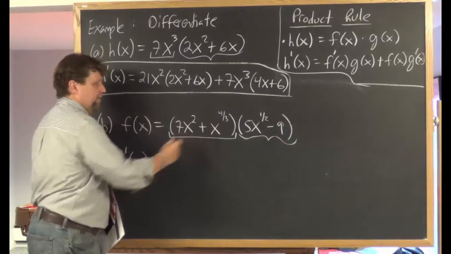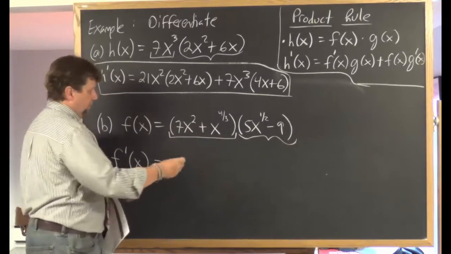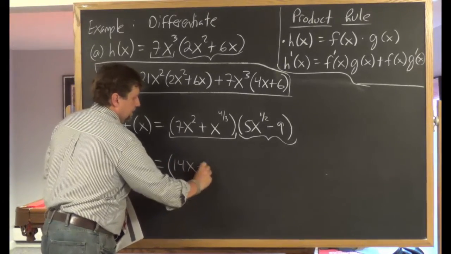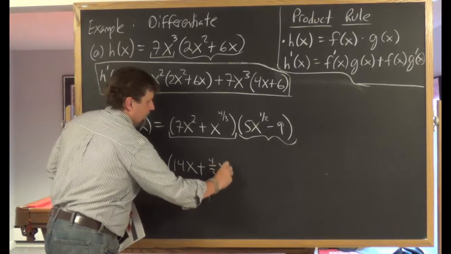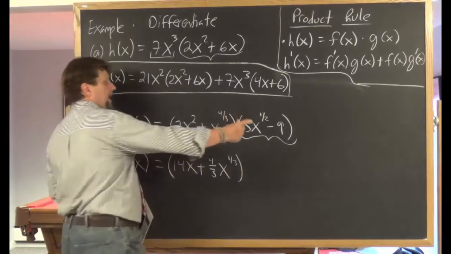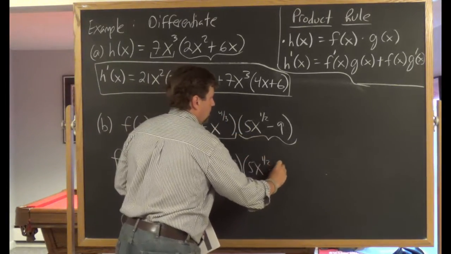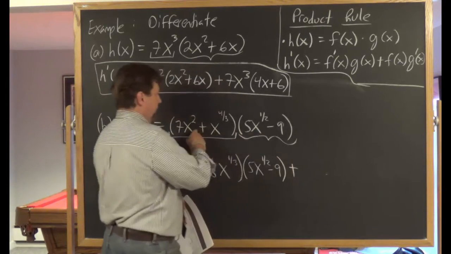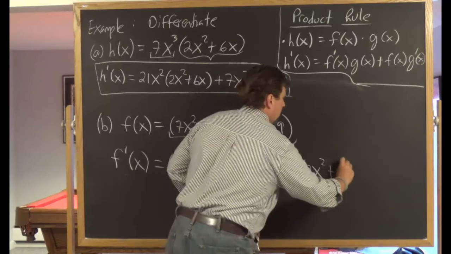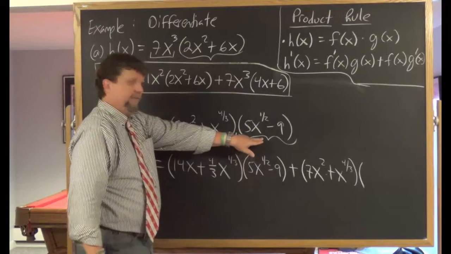The derivative of the first function. So that's the derivative of 7x squared plus x to the 4/3. The derivative of the first function is a 14x plus a 4/3 x to the 1/3 times the second function plus the first function times, now I have to do the derivative of the second function.